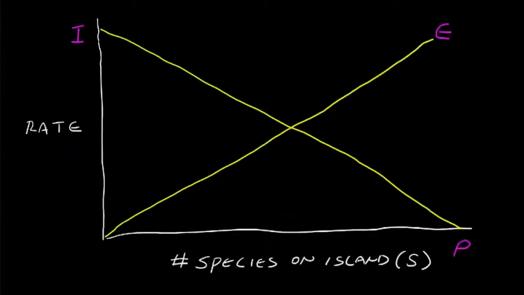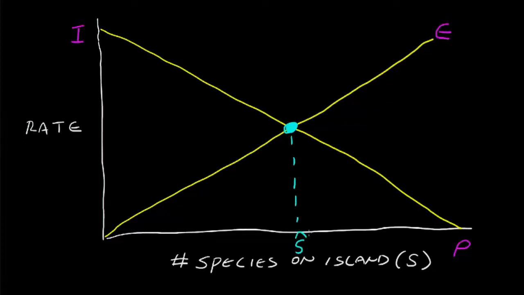What does that look like graphically? There are lots of letters here and mathematical symbols and so forth, but graphically, what does that look like? So this now is a graph of both our immigration and extinction lines, our curves you might call them. And the point at which these two things cross is our equilibrium point. That's our equilibrium number of species.